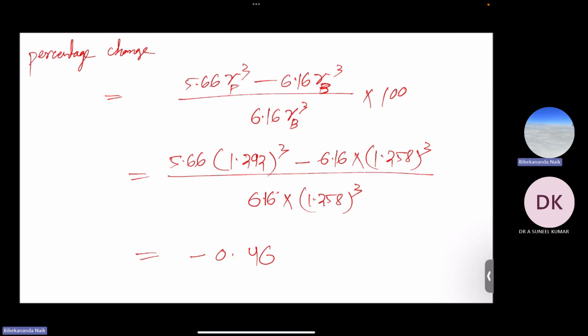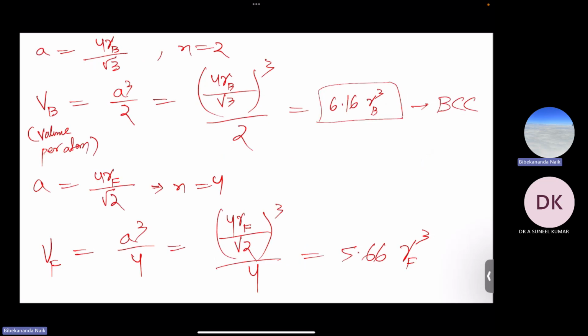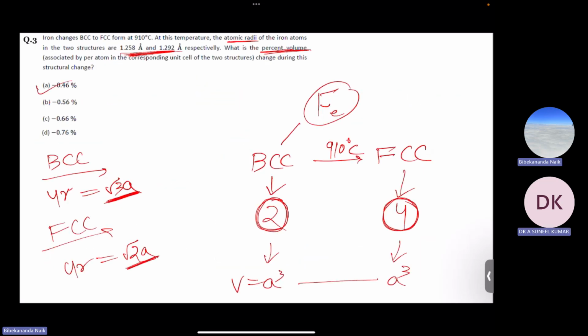The volume per atom is reduced if the structure changes from body center cubic to face center cubic. So that's why there is a change in the volume per atom. The correct option will be option A, that is minus 0.46.